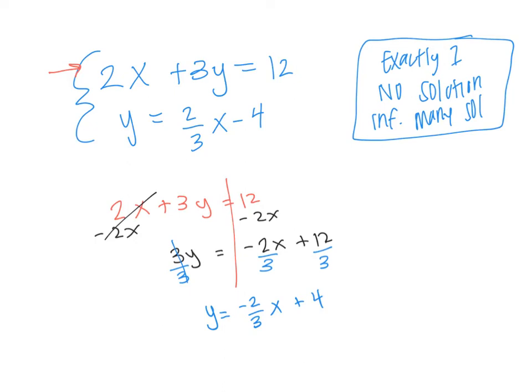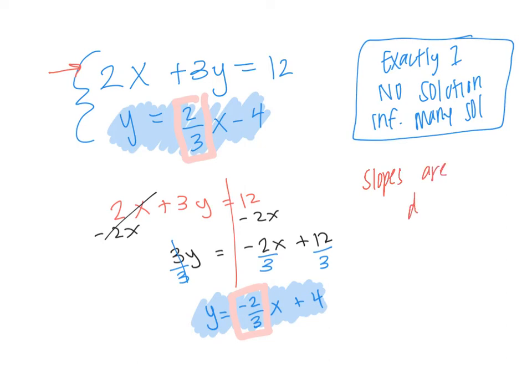So now let's see what we're actually comparing. We're comparing this equation, y equals 2/3 x minus 4, and this equation, y equals negative 2/3 x plus 4. First things first, let's look at their slopes. Are their slopes the same or different? Slopes are different.